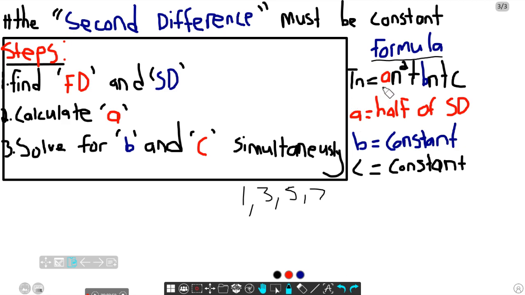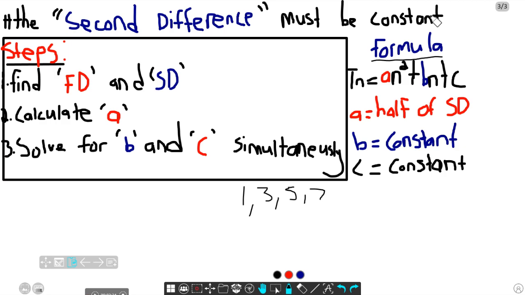Okay, now what does a represent in this case? Now a represents half of the second difference. For example, I'm going to do this example of 1, 3, 5, 7. Remember the second difference is the one that must be constant, right? Your first difference won't have a constant value. If your first difference has a constant value, then that is no longer a quadratic number pattern.